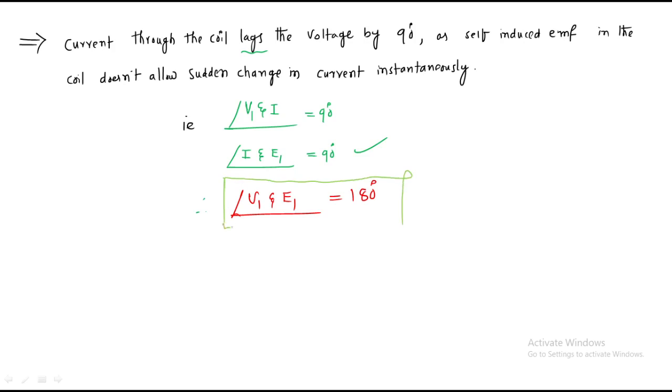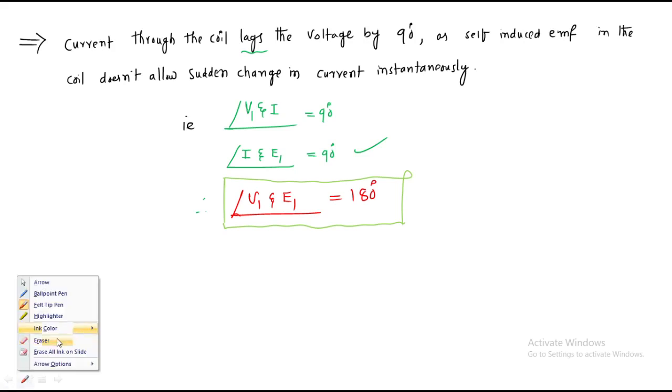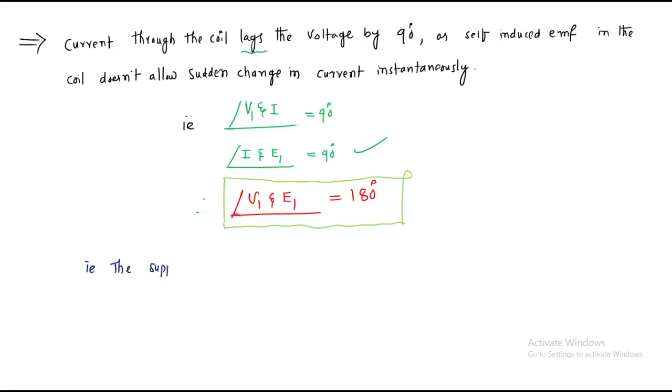This is the justification for transformer as a phase shifting device. Transformer as a phase shifting device, that is, supply voltage and self-induced EMF are opposite to each other.